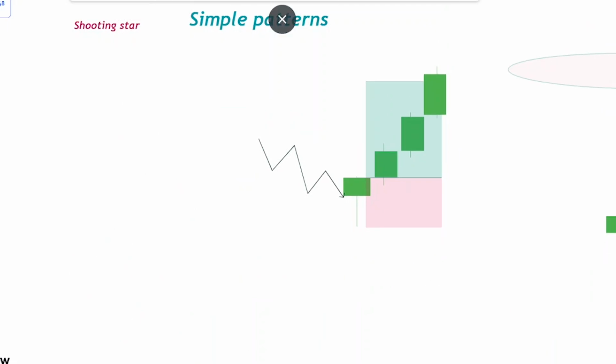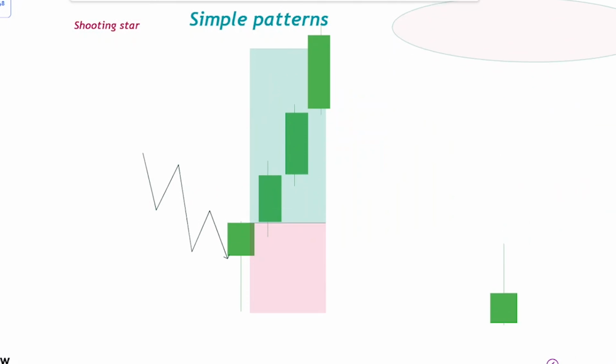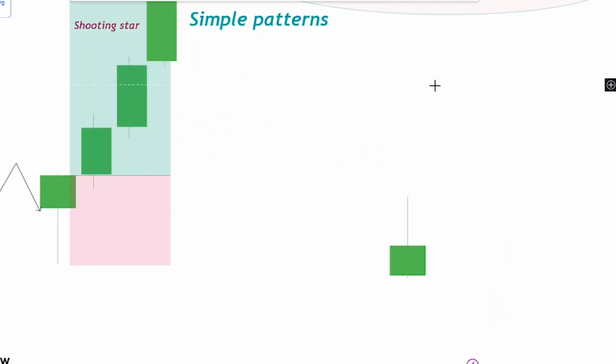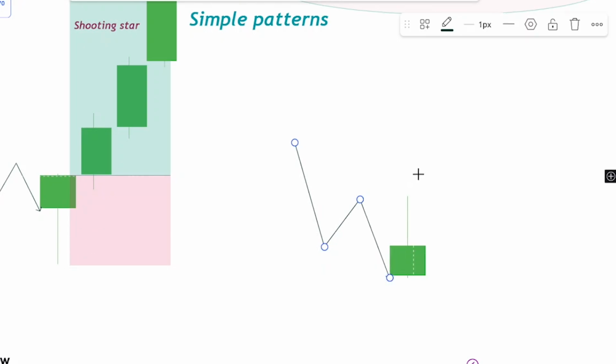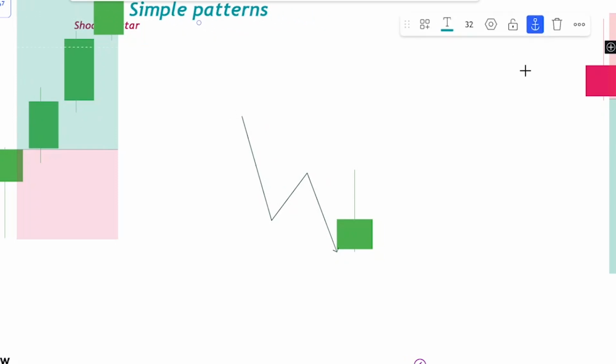So from a hammer, we have another candlestick which has a small body on the low, which means that the market will be moving down, and from the downside, we will see the formation of an inverted hammer, where we are expecting the buyers to take the market upside.